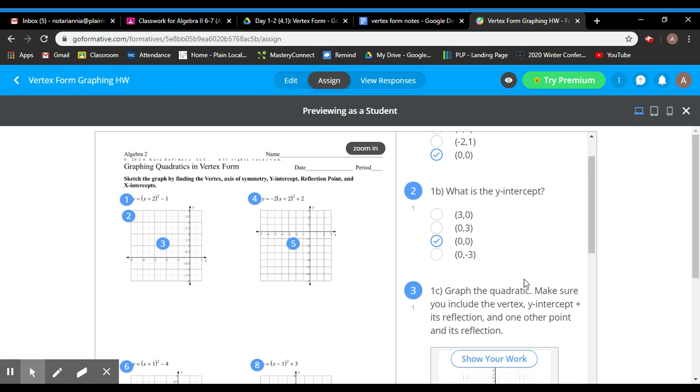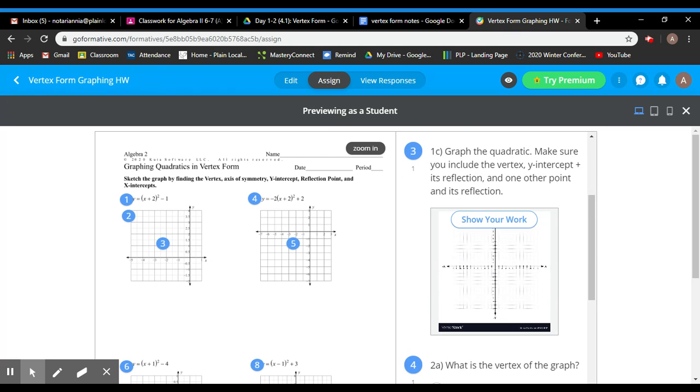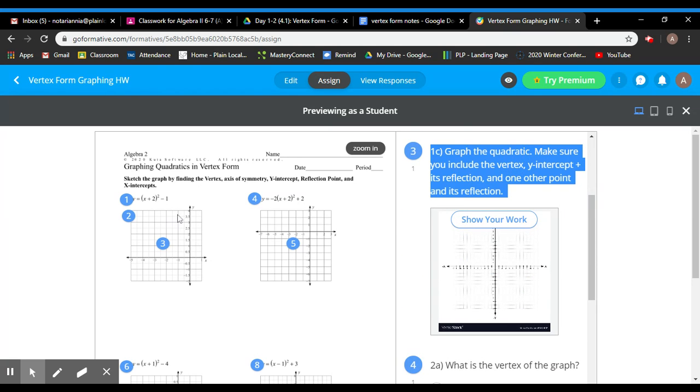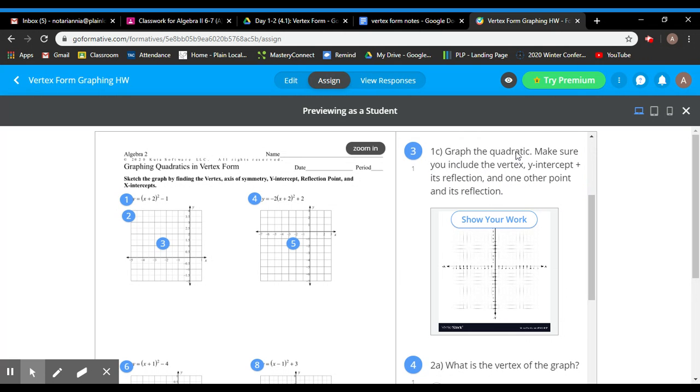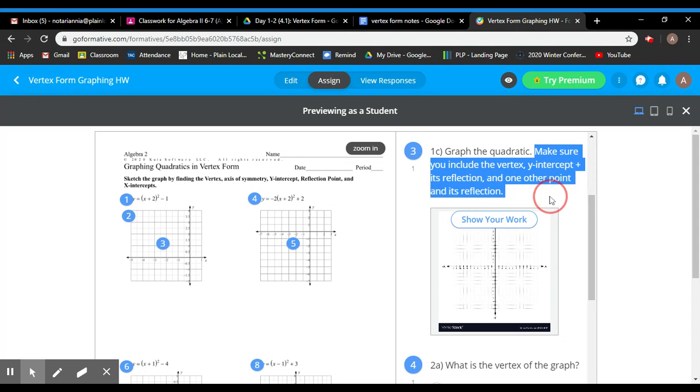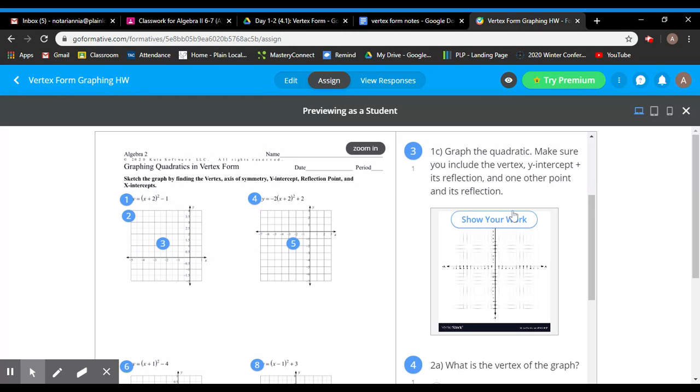Here's the part that is good for the graphing. 1c, okay, refers to this, still part of question 1. But it says graph the quadratic, make sure you include the vertex, the y-intercept, its reflection, and one other point and its reflection.